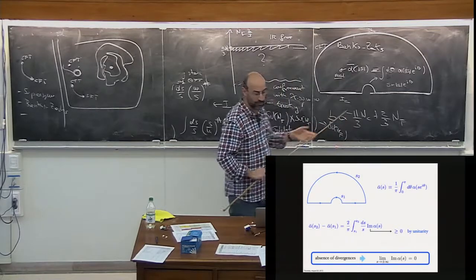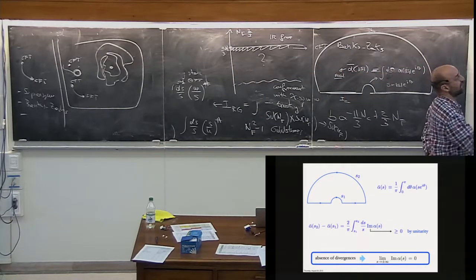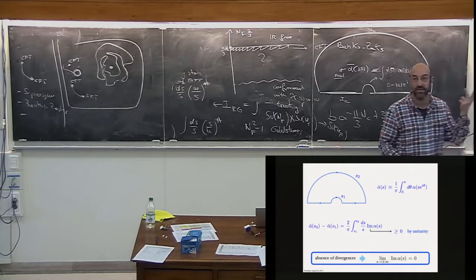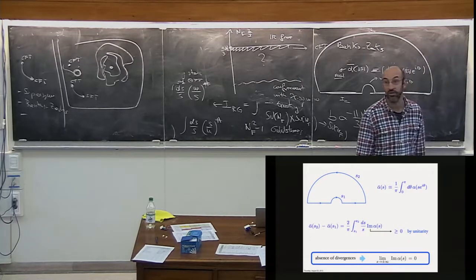So now I can consider this integral, and I have the integral on this, on that, and it gives me precisely this difference. And then I have the integral on the line, on the segment. There's just the integral of the imaginary part of the amplitude times the d log of s.